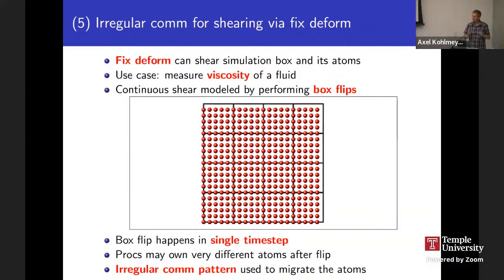Some processors are going to own very different atoms than they owned in the other direction. So after this box flip, when it happens, that's when this irregular communication pattern is invoked to make sure that things end up where they are. So in this little simulation, I think it flips 3 times, so that irregular communication pattern will be invoked 3 times.